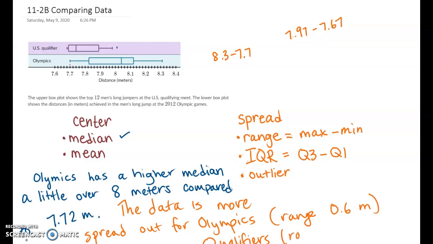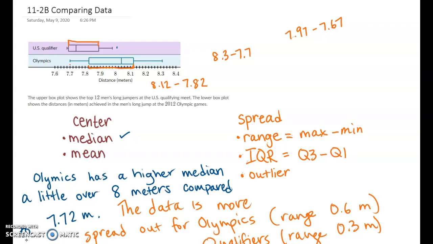So the range is 0.3 meters. We could also talk about the interquartile range. The interquartile range here would be 8.12 minus 7.82-ish. Whereas the interquartile range here would be whatever those numbers are.